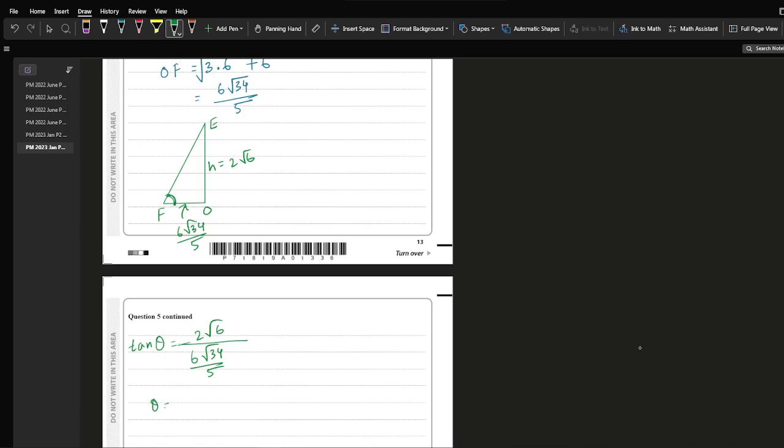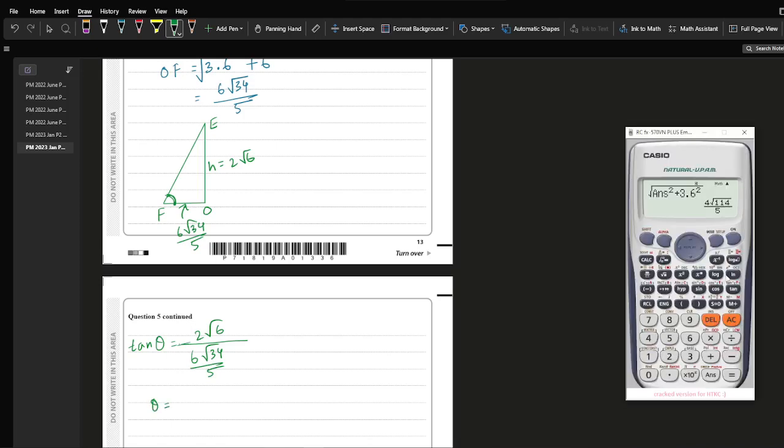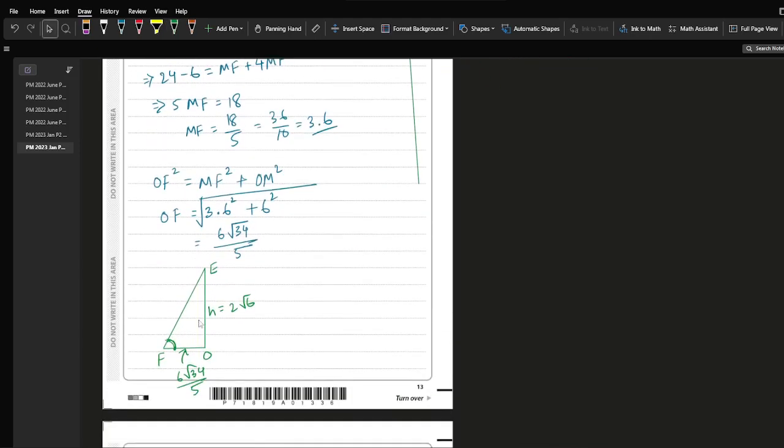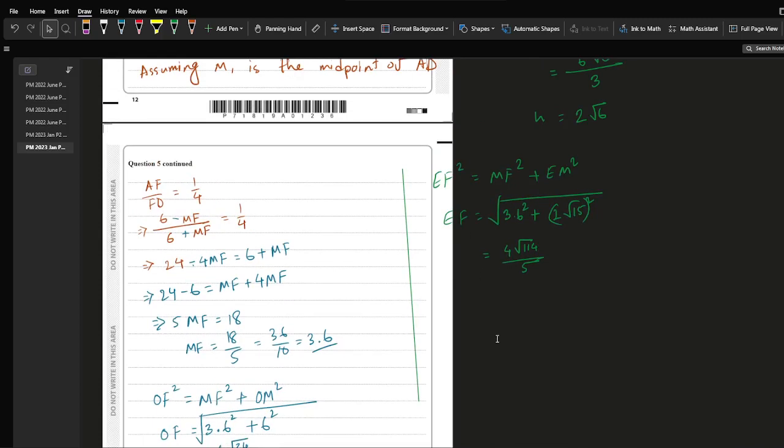So theta is equal to tan inverse of 2 root 6 divided by 6 root 34 divided by 5. This comes up to 34.997, and the question said to the nearest degree, so this is 35 degrees. So if we have done our calculations properly, this method should give us the same results.